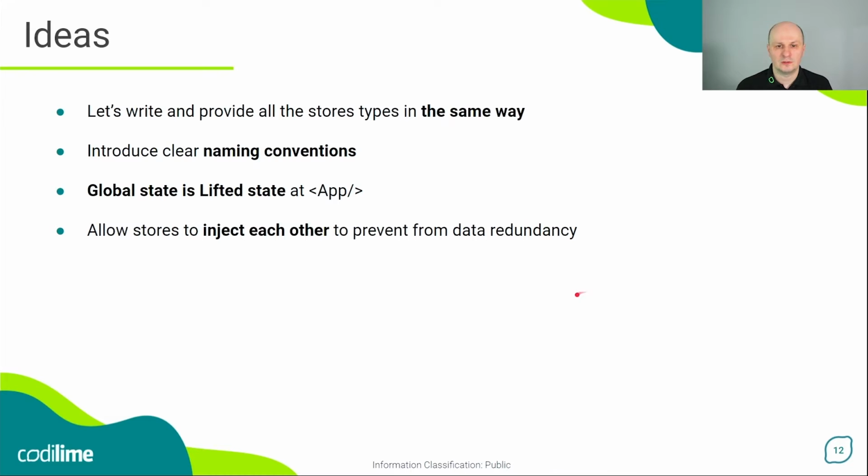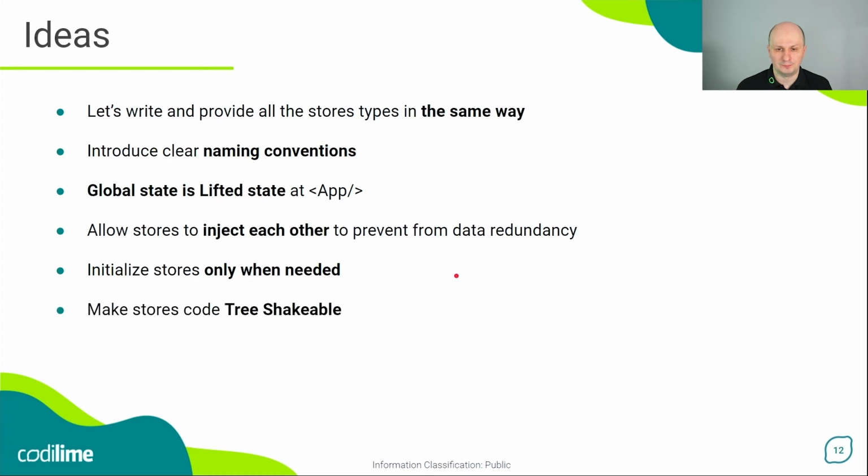We should also allow stores to inject each other to prevent data redundancy, which is obvious. And we should initialize the stores only when needed. My dream is to scale this application easily in the future, so I need the code for the stores to be tree-shakeable.